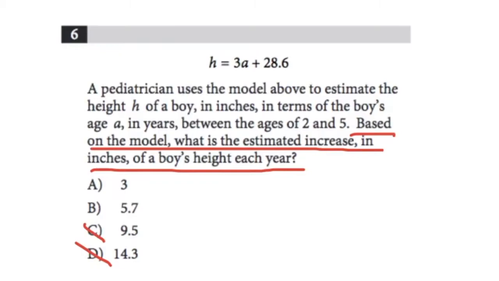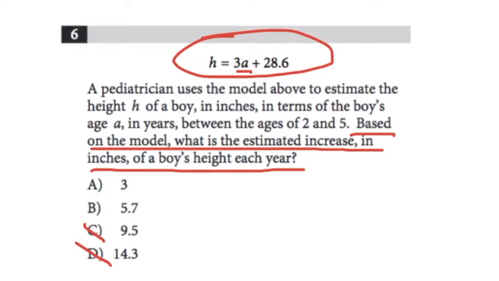Okay. All right. But we don't have to guess here. Because we're solving for the estimated increase in a boy's height each year, we can plug in values into this equation up here. Now, we can't plug in the answer choices because that's the estimated increase in a boy's height each year. But we can plug in values for A, right?